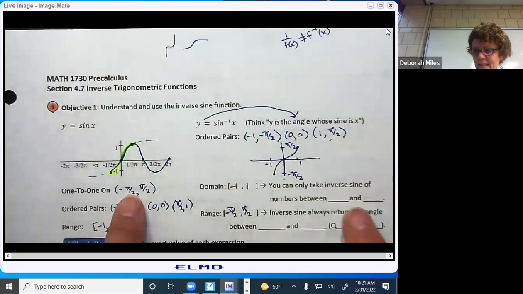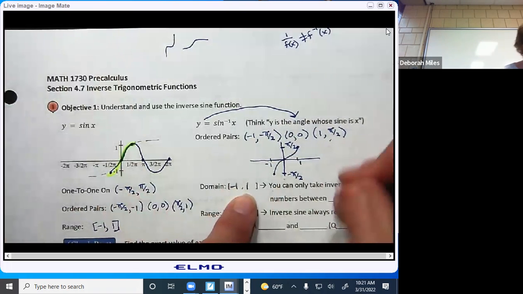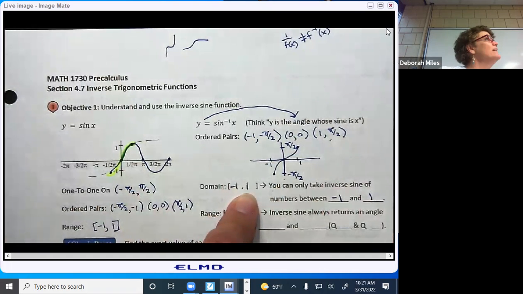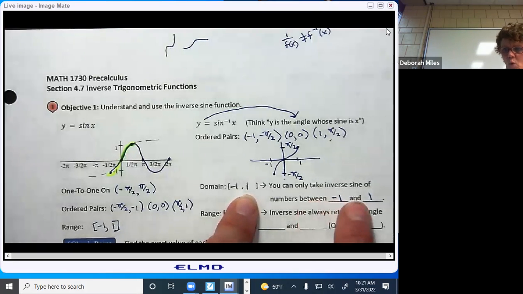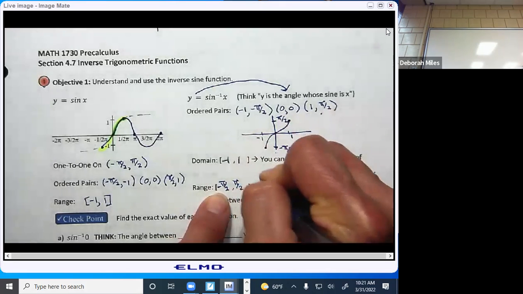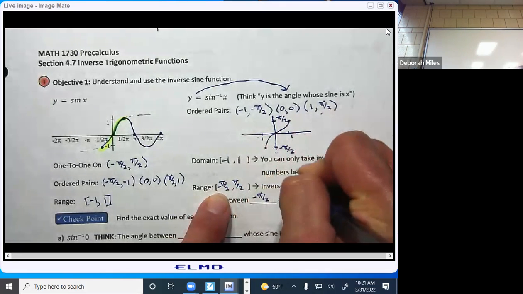You can only take the inverse sine of numbers between -1 and 1. If I say, what is inverse sine of 2? You should say, there is no angle whose sine is 2. There's no angle whose sine is bigger than 1. When you do take it, inverse sine will always give you an angle between negative pi over 2 and positive pi over 2.